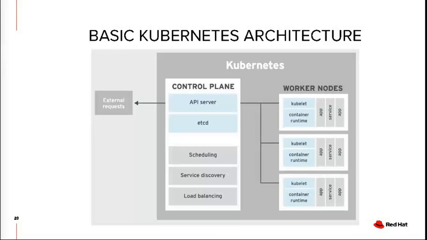A lot of work goes into setting up roles, access control, multi-tenancy, security default settings. Kubernetes does provide pluggable interfaces for a lot of those. A lot of customers, when they first start working with Kubernetes, have to create those services themselves. But ultimately, there's a lot of different stuff that you have to do on your own.